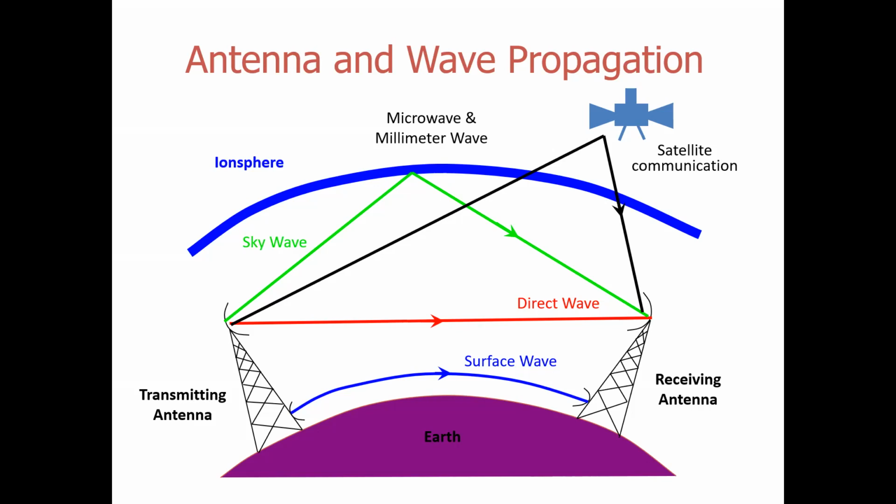Antenna and wave propagation. So see here, some kinds of waves are there: surface wave, direct wave, sky wave, and the microwave, which we use in satellite communication.